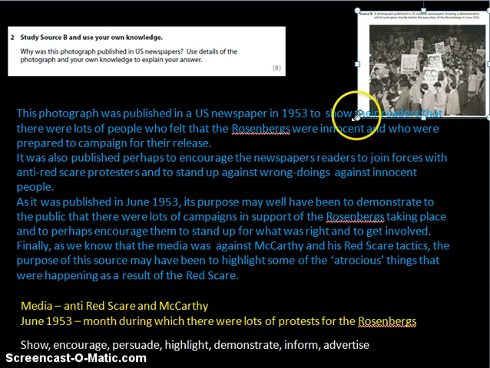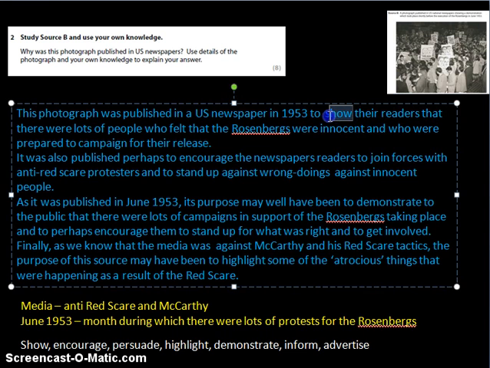If we have another look through, I'm just going to highlight where I've used some of these techniques. So this photograph was published in a US newspaper in 1953 to show their readers that there were lots of people who felt that the Rosenbergs were innocent and who were prepared to campaign for their release. It was also published perhaps to encourage the newspaper's readers to join forces with anti-Red Scare protesters and to stand up against wrongdoings against innocent people.